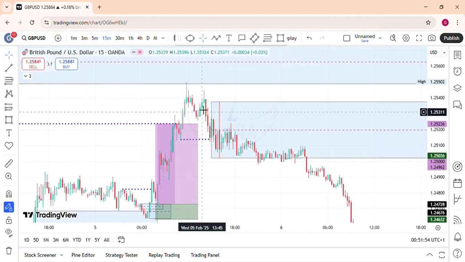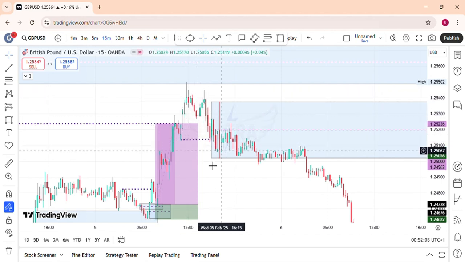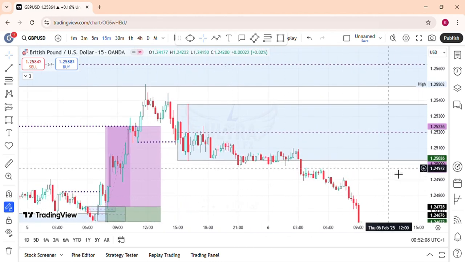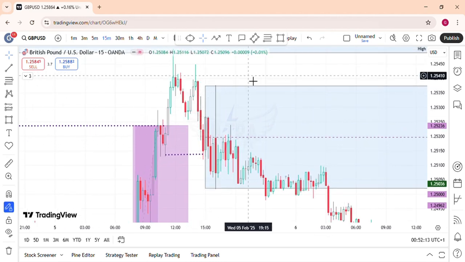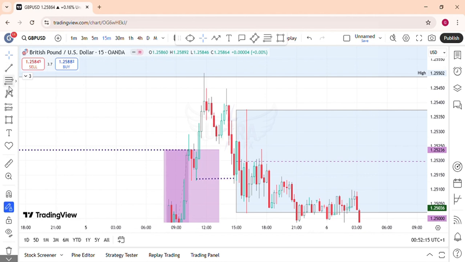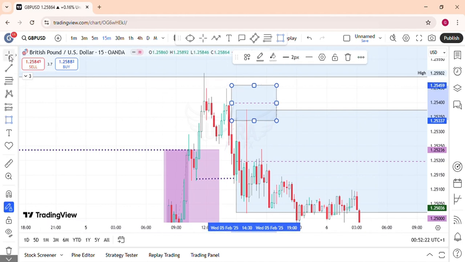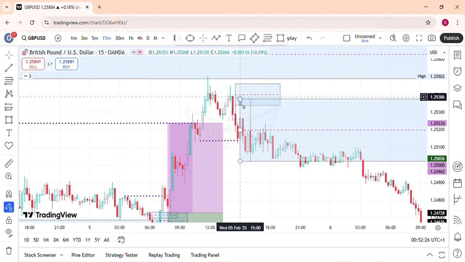We are not using this fair value gap because here market has not broken any structure, but here we can see the shift in the delivery of price, and you look for your fair value gap right here. So I've seen a fair value gap that I could use, and this is a fair value gap right here. So prior to market coming to this fair value gap, I should be ready for an entry.